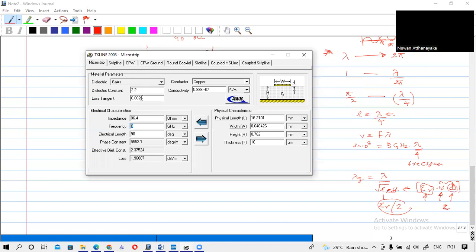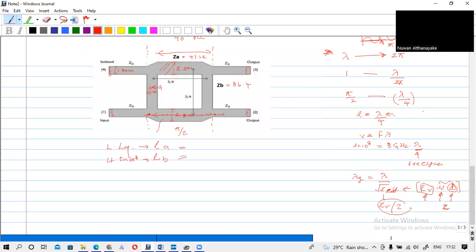That is very important. When you are calculating the length, the dielectric constant is very important, and the frequency you should put, that is very important. Impedance is also very important, and you have to put the electrical length. That is actually the phase shift. The electrical length, as I can remember, is defined as beta L, where beta is the phase constant.